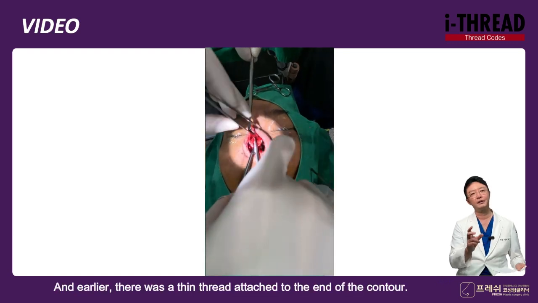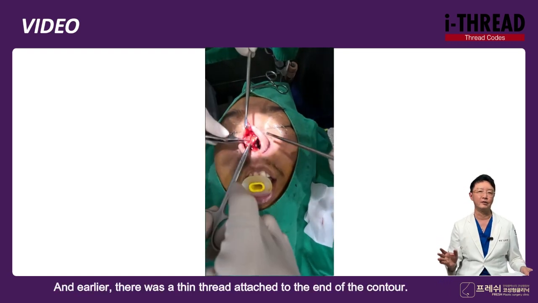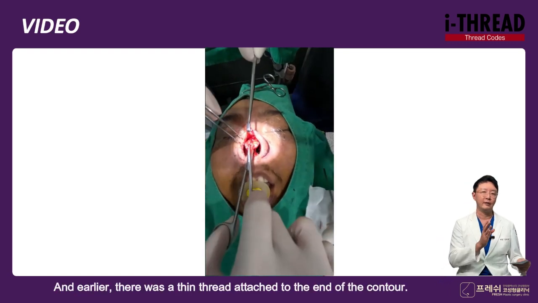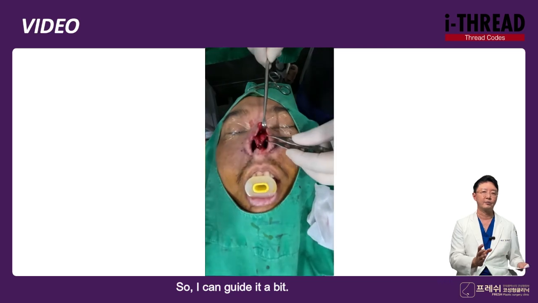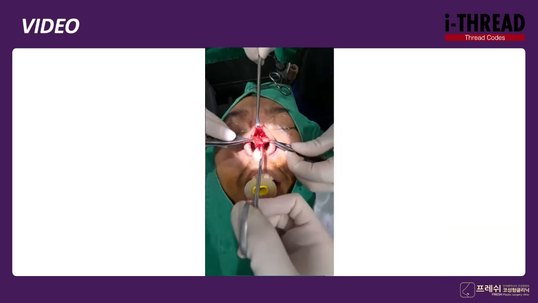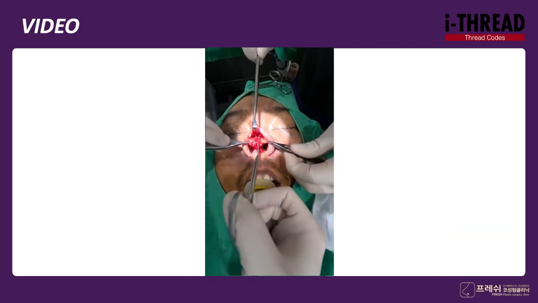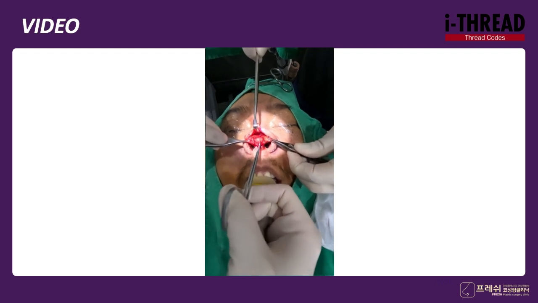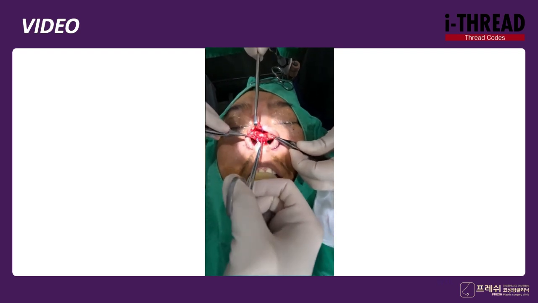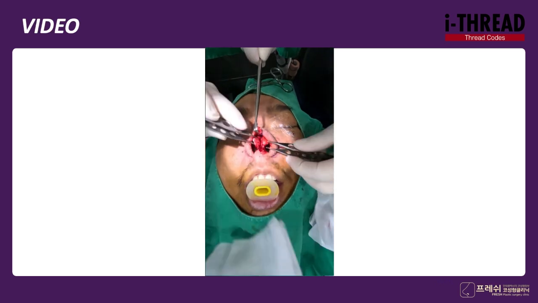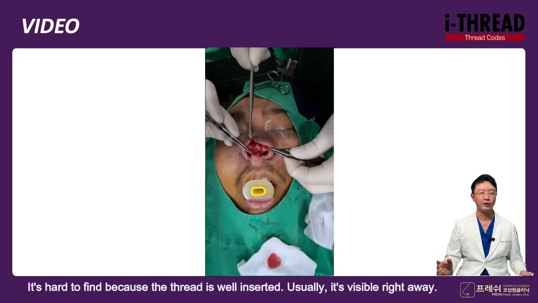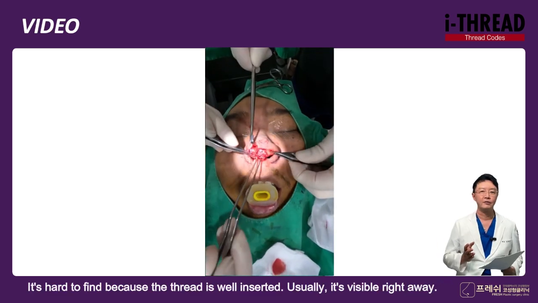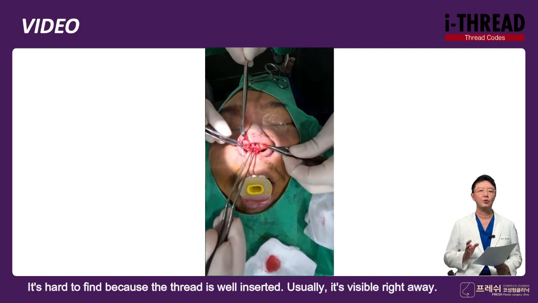And earlier, there was a thin thread attached to the end of the contour, so I can guide it a bit. It's hard to find because the thread is well inserted. Usually, it's visible right away.